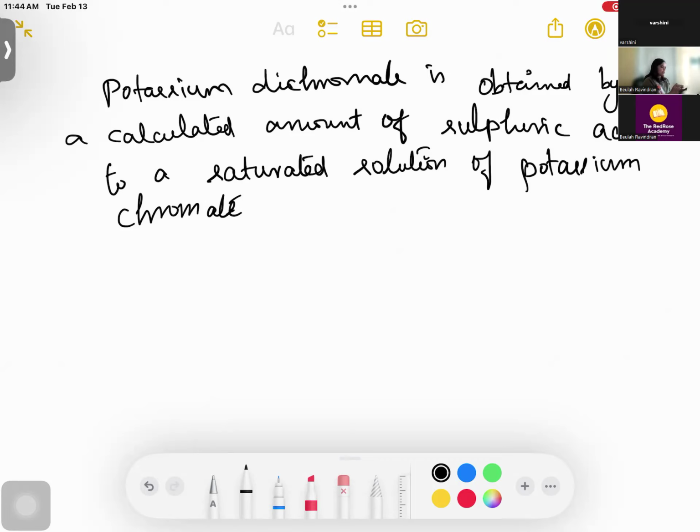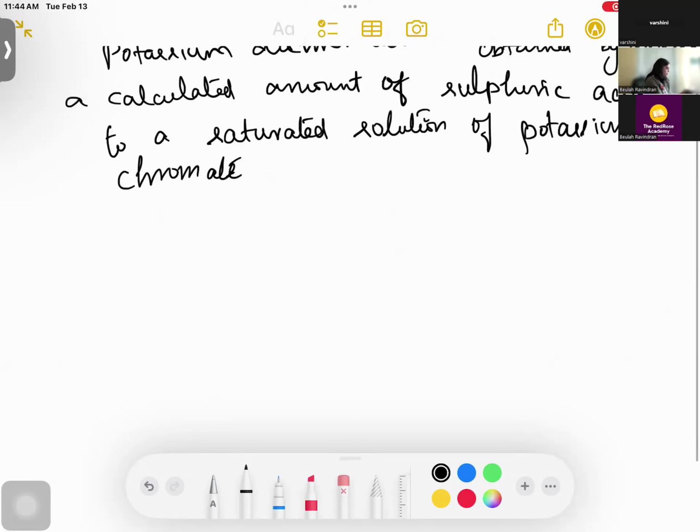So how can you write the reaction? Write the reaction now. So what is the reaction?